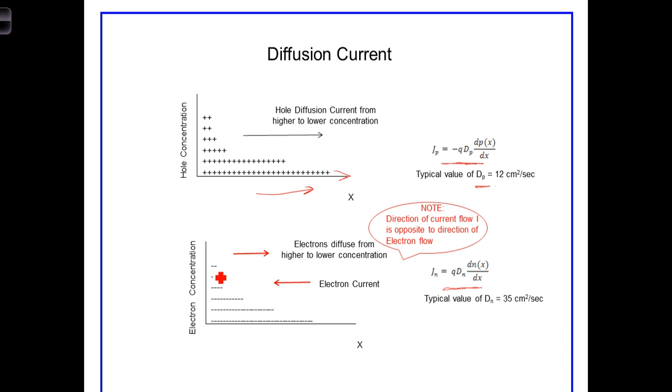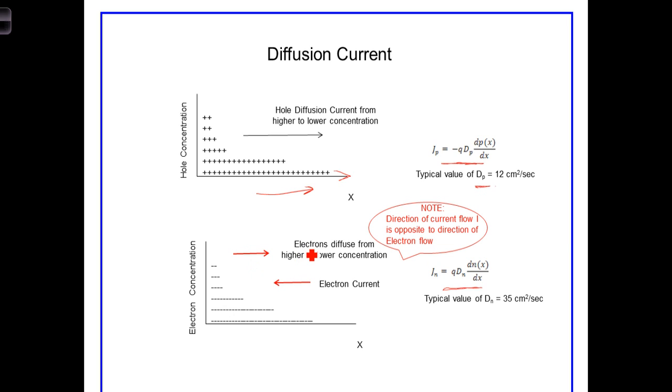Once again, we've got a concentration of electrons that drops off as we go in the positive x direction. The electrons are going to diffuse from a higher concentration to a lower concentration. So the diffusion of the negative charges is going to be going in this direction.